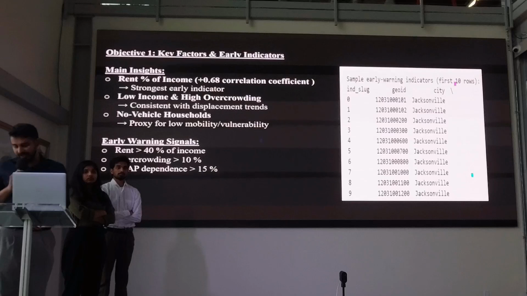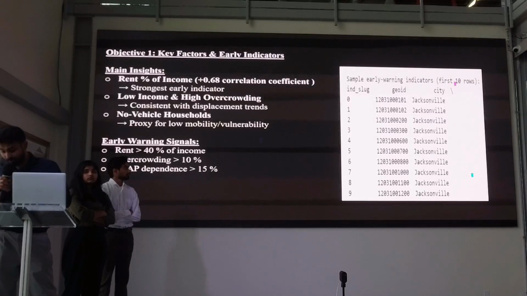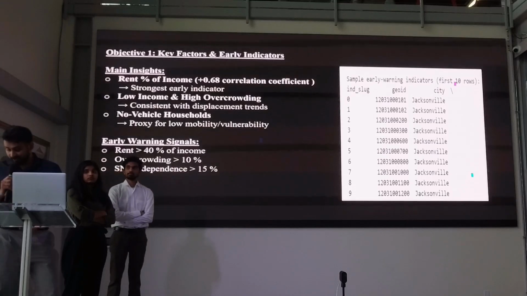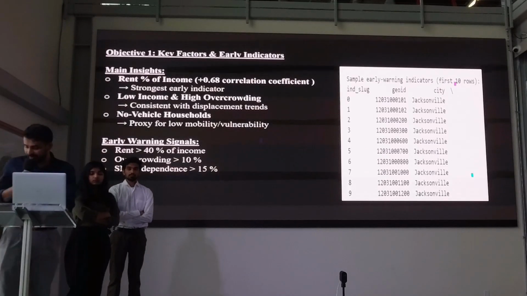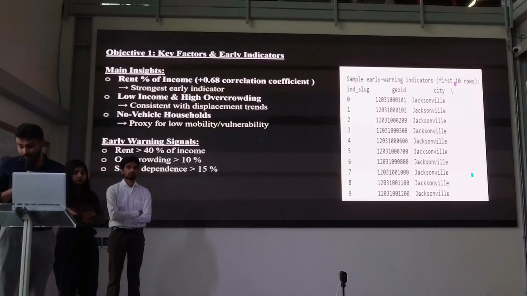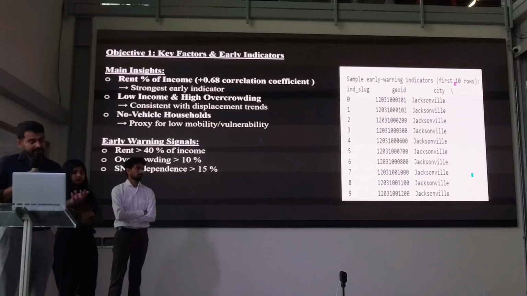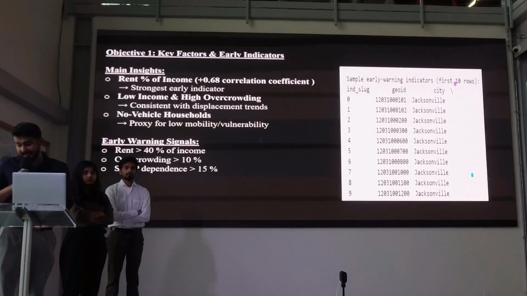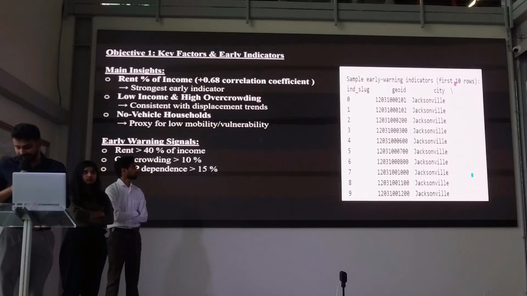Other critical factors include high overcrowding and no-vehicle households. Based on these patterns, we identified clear early warning thresholds. Whenever rent goes above 40% of income, that's an early warning. Then overcrowding above 10%, then SNAP dependence above 15%.